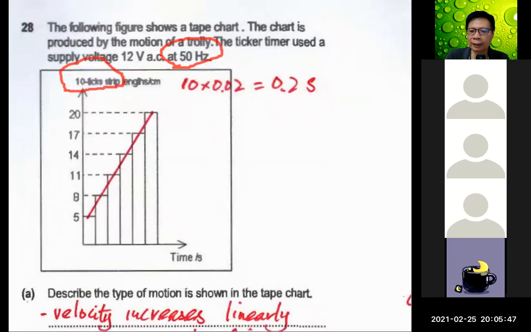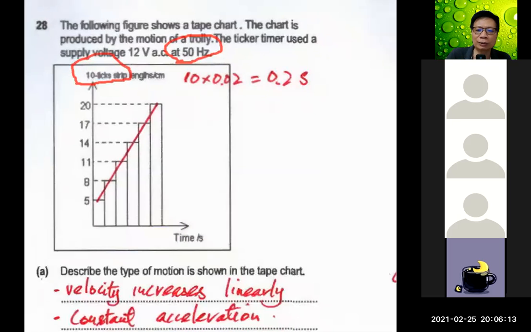What is another term that has the same meaning as velocity increases linearly? When we say velocity increases linearly, there's another term. Okay, 2 students give answer. Constant acceleration. Bernard very good. Jia He also good. Yes, constant acceleration. Yes, correct. So both answers can.